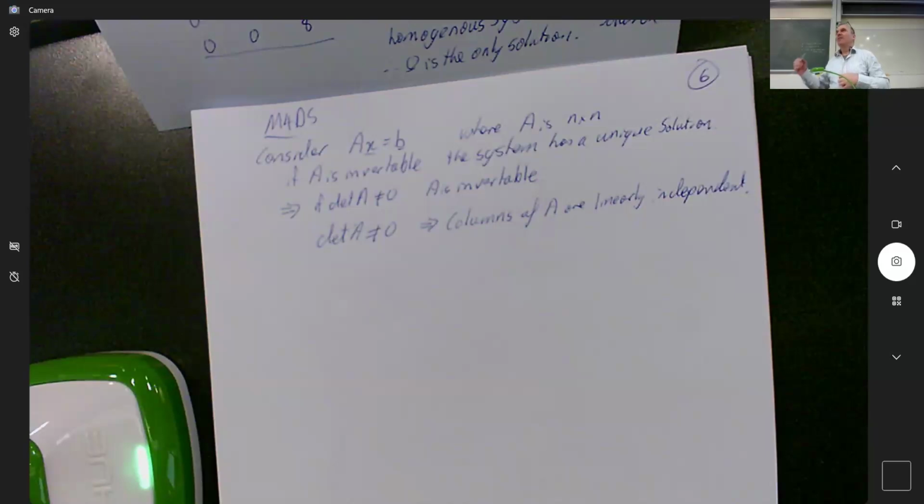So sometimes we're looking for a shortcut. Depending on the system, we may already know that those vectors are linearly independent. May not. That would be a thing I would be looking for.